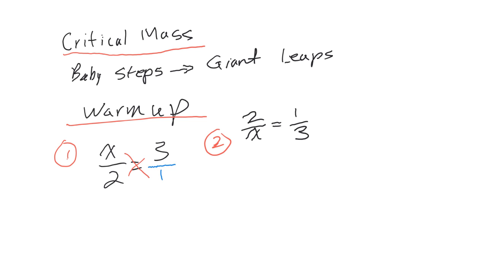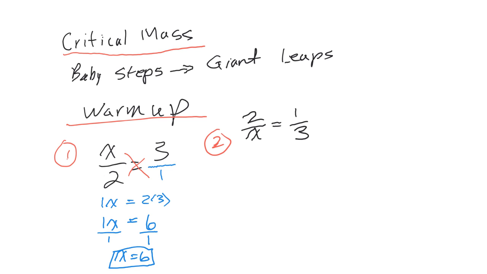When we cross multiply, we end up with 1x is equal to 2 times 3, which is 6. That means 1x is equal to 6. Divide both sides by 1, and we end up with x is equal to 6, which is what we expected.